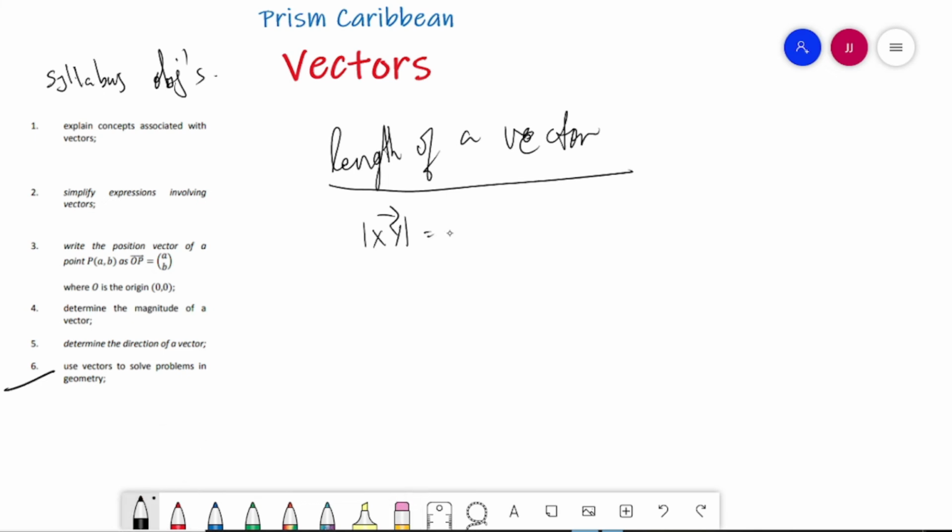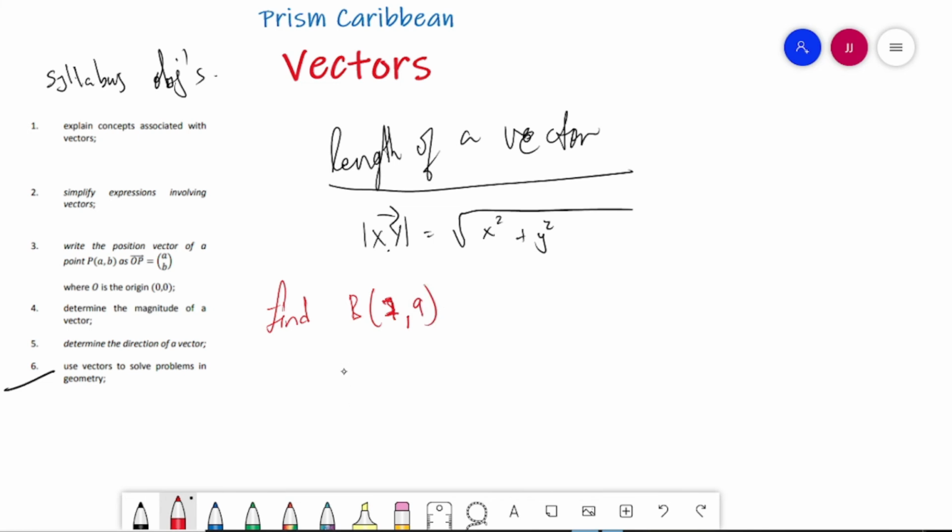So the length of a vector is equal to the square root of x squared, that is the first value, plus y squared. So let's say a question asks like find the length of OB, let's say 7, 9.